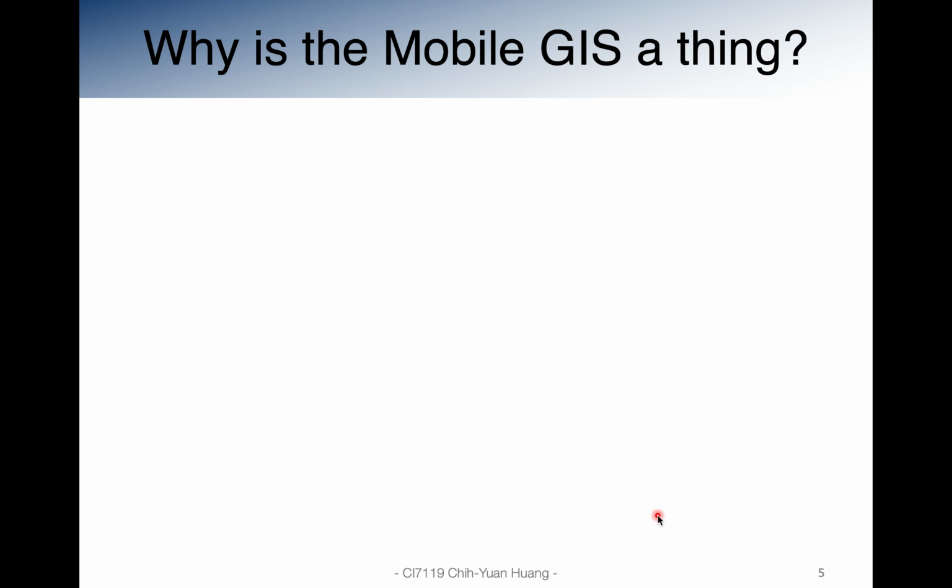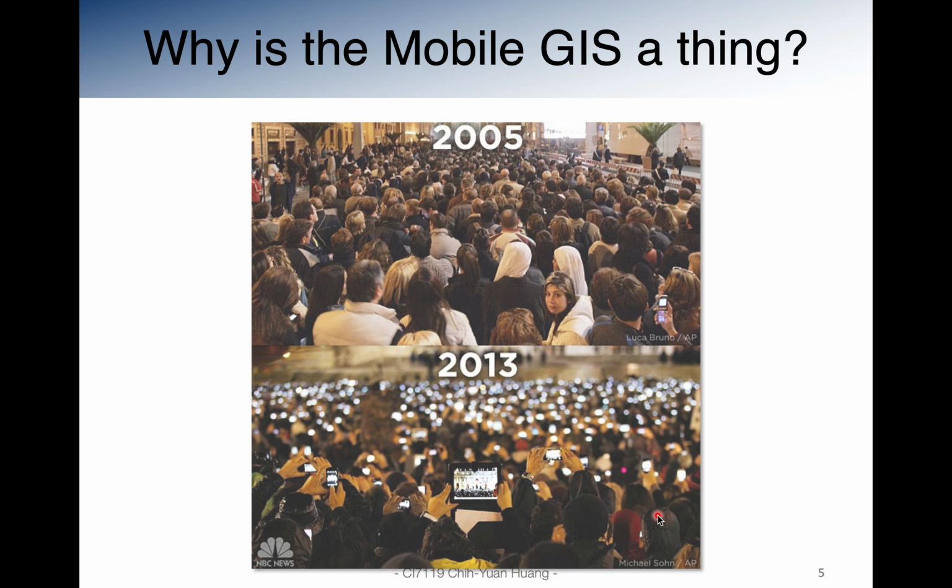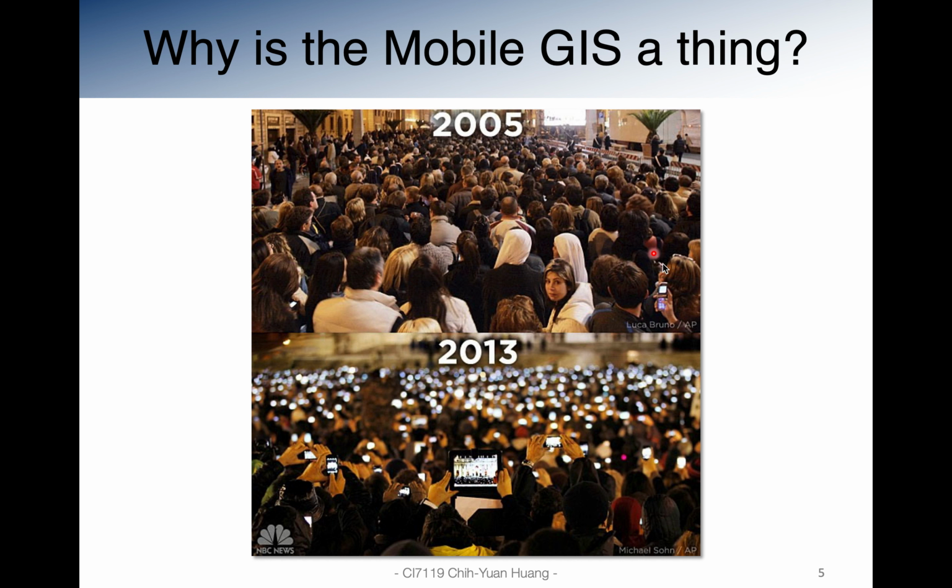So first of all, let's talk about why the mobile GIS becomes a thing, or a topic that is important enough for us to discuss. Here you can take a look at these two photos. They are actually for the same event, one in 2005 and the other one in 2013.